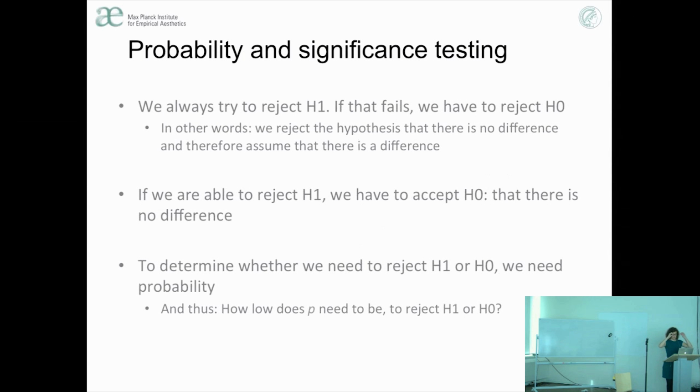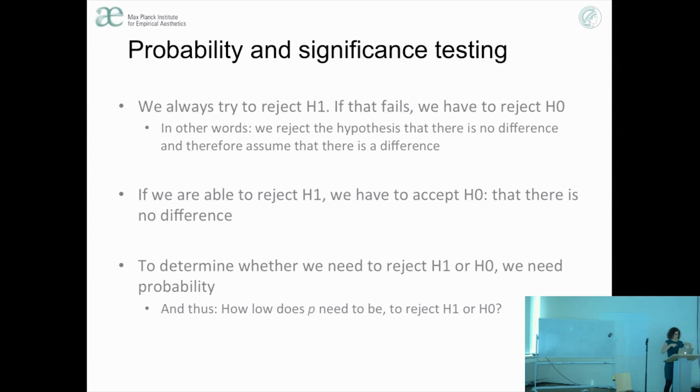Okay, why do we need these specific hypotheses? In empirical methods, or in inferential statistics, we work according to the principles of falsification. So what we try to do first is we always try to reject H1, the hypothesis that there is a difference in level of transportation between iPad readers and paper readers.